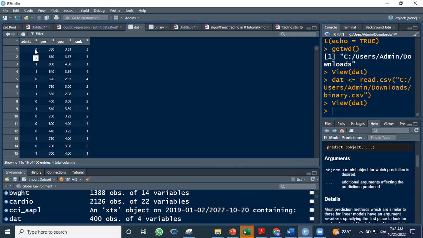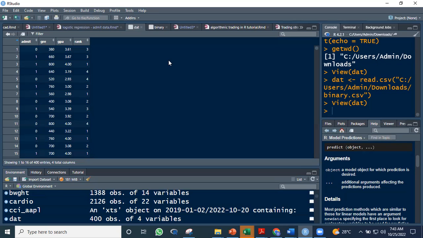Now the admit here, if you take a look at this, is a binary variable, 0 or 1. And this is the result of an applicant. Admit 0 means the student was not accepted, and 1 means the student was accepted.